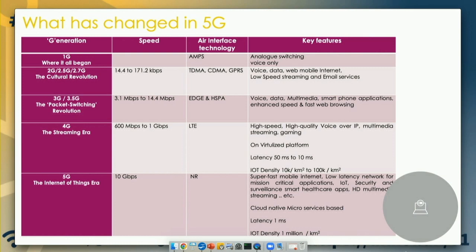In 5G, we can observe latency of only 1 millisecond as compared to 10 milliseconds in 4G, and IoT density of 1 million IoT devices per square kilometer as compared to 100,000 IoT devices per square kilometer. This is a huge shift.